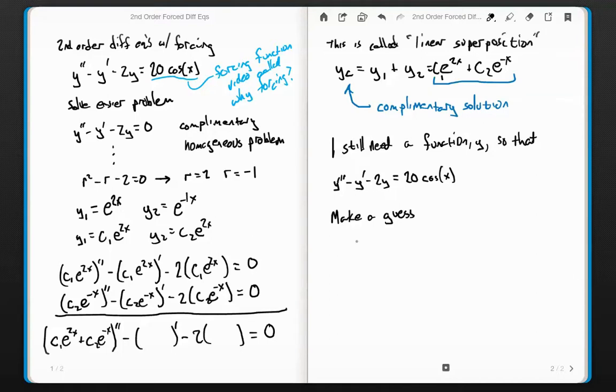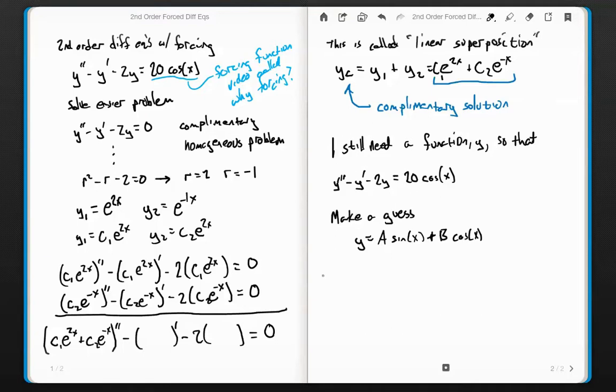So I'm going to guess that y equals some number of sines plus some number of cosines, and that when I take the derivative and the second derivative and so on, that's going to give me this 20 cosine x that I'm after.